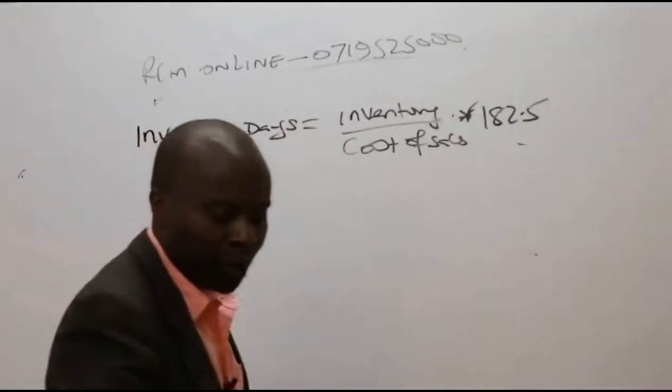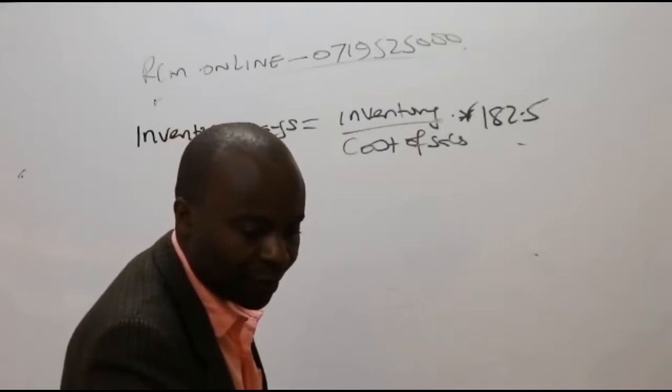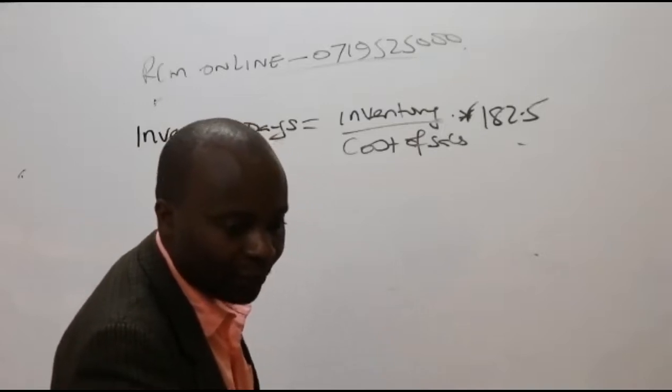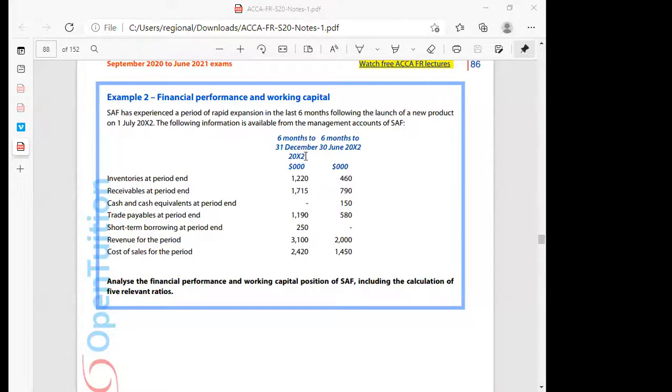So we have 2 periods which are consecutive. So we have here December, and then for June.